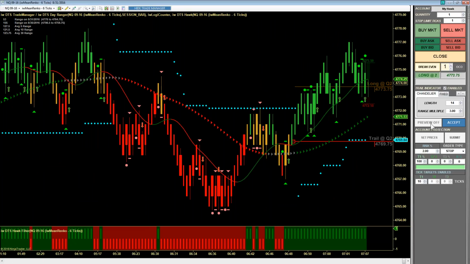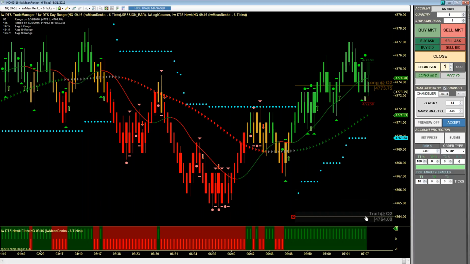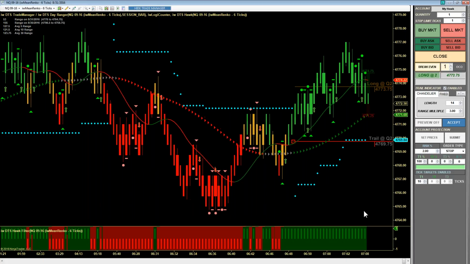As I mentioned before, the beauty of using the trade manager is that my risk is capped right from the very beginning. So worst case scenario, if I didn't adjust these stops at all, and where was my stop? Down here somewhere? If I didn't adjust the stop at all and I got tagged way down here, I still haven't lost more than I can afford.